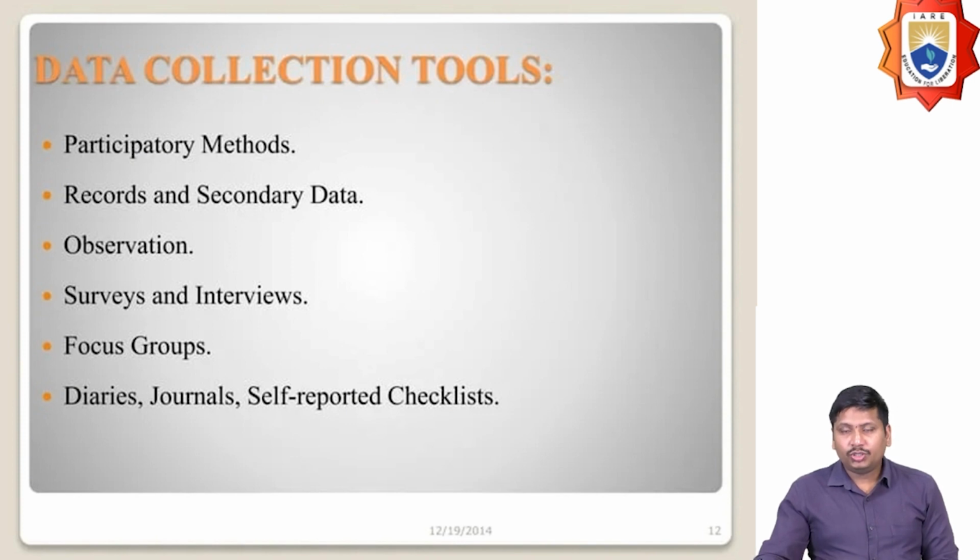So what are the data collection tools? What we have here are participatory methods, and then records and secondary data, observation, surveys and interviews, focus groups, diaries, journals, and self-reported checklists.